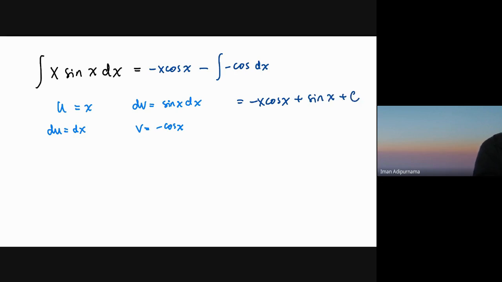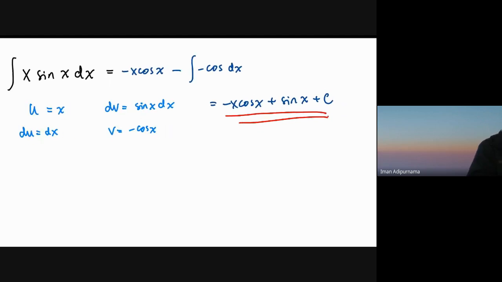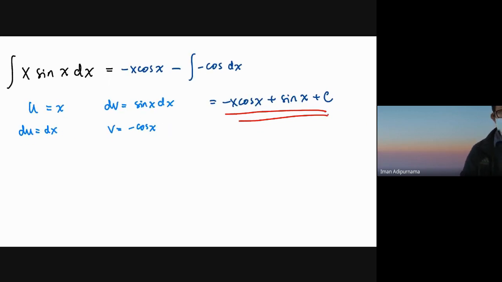Don't forget plus c, okay? Don't forget plus c. I think on the quiz, some students missed the plus c, so don't. We will not give a full point if you miss the plus constant.